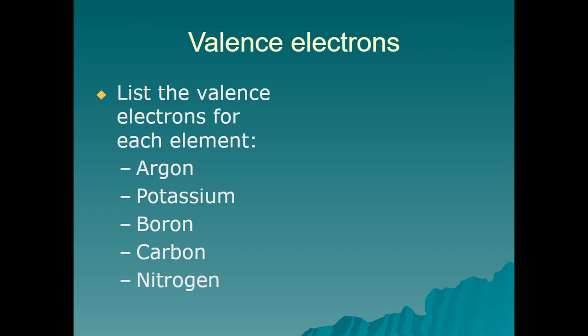Identify how many valence electrons, and make sure you pause throughout this. That's right, if you said it has 8, then you are right. Potassium has 1. Boron has 3. Carbon has 4. Nitrogen has 5.